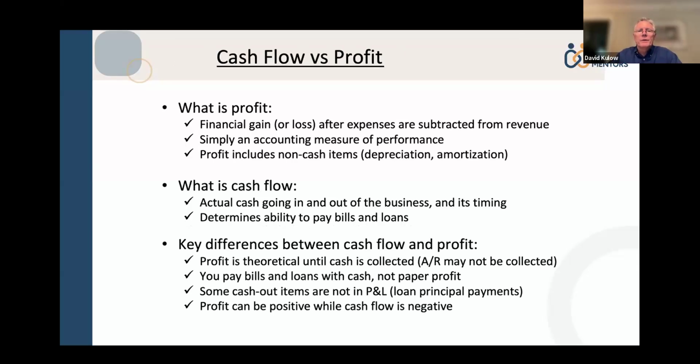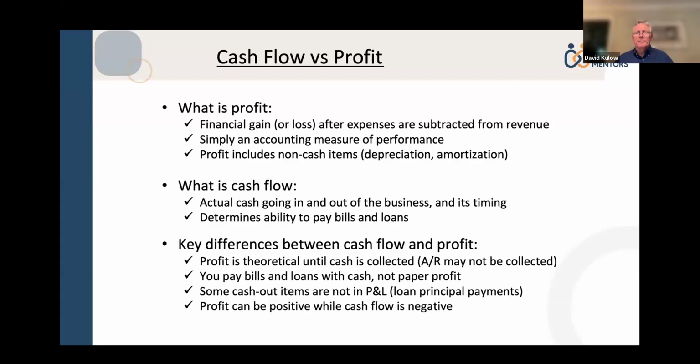So, what is the difference between cash flow and profit? Profit is the financial gain or loss. We won't talk about loss because we want to have gains after expenses are subtracted from revenue. It's simply an accounting measure of performance. And there are some non-cash items, such as depreciation or amortization, that can affect your profit, but that doesn't take cash.